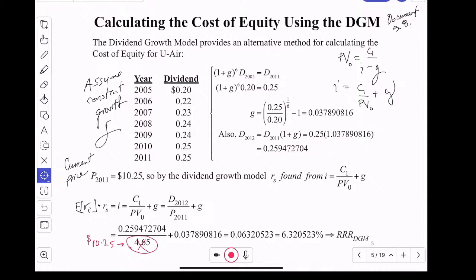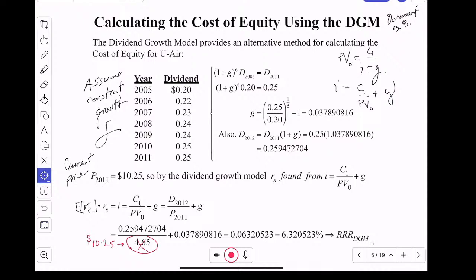I decide to stick with the capital asset pricing model because they are similar, but I want to emphasize we're going to stick with the capital asset pricing model because I want you to learn that. But I also want you to learn this as an alternative. So what you could do is analyze with both, right?